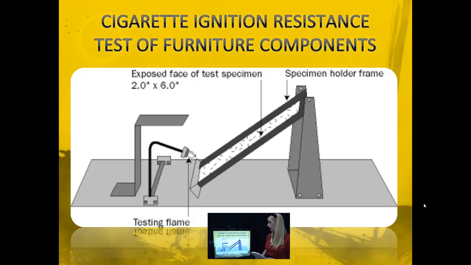And this is a cigarette ignition resistance test for furniture components. So this is just the test that they do; it basically says it in the title, just to test the furniture for cigarettes.